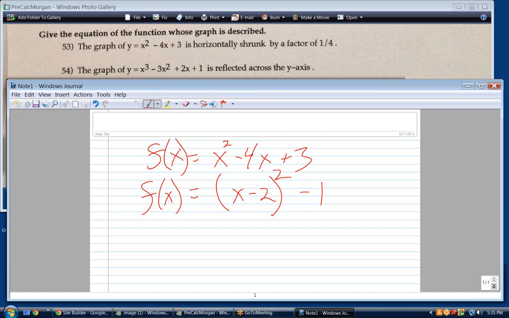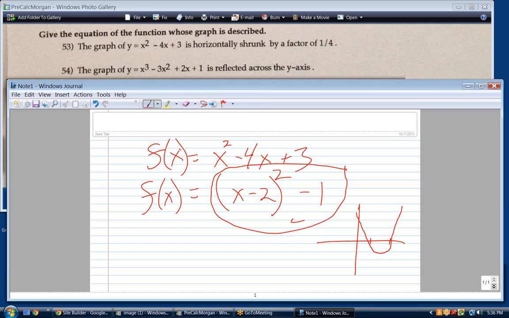Well, why did I choose to represent it like this? It's because notice that this is a function that has been moved to the right 2 units and down by 1. In other words, that function that I graphed, where it went through points like that, that is this.